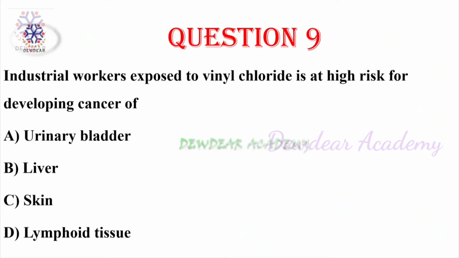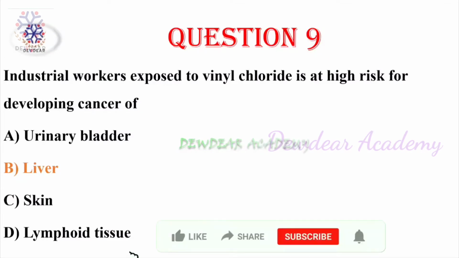Correct answer is liver. Exposure to vinyl chloride is associated with an increased risk of a rare form of liver cancer called hepatic angiosarcoma. Inhalation is the main route of exposure to vinyl chloride.